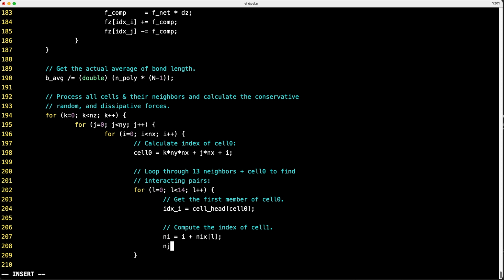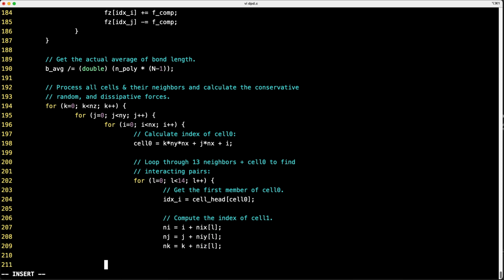The neighboring index of j would be j plus NIY of l. The neighboring index of k would be k plus NIZ of l. And so now we can calculate cell 0, and I guess I really don't need a comment for that, right? Cell 1 we would do in the same way. In fact, let's stop a bit. Let's not calculate it yet, because we need to consider the periodic boundary condition first.